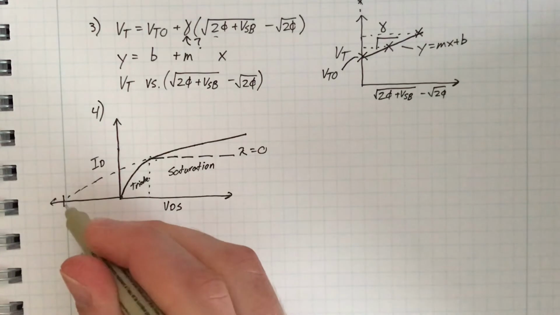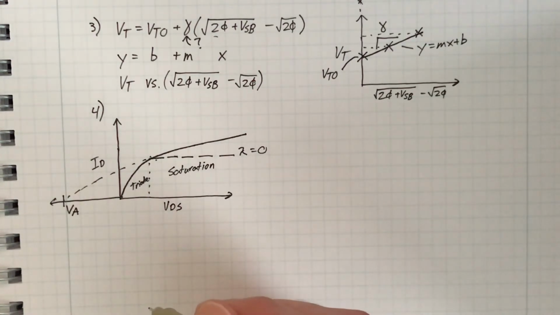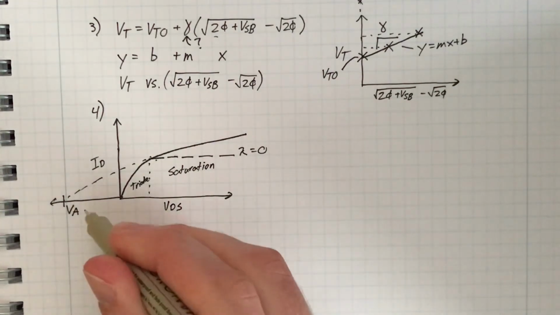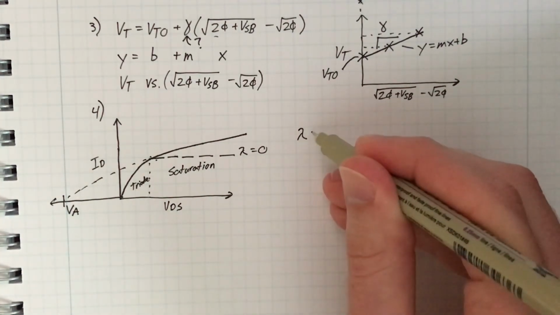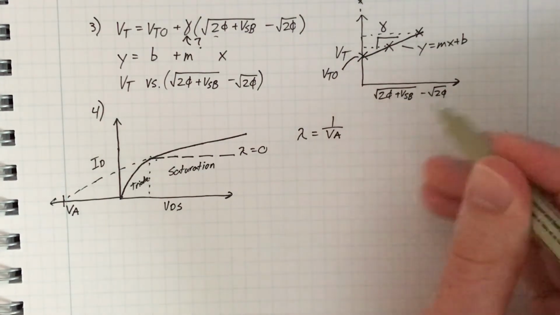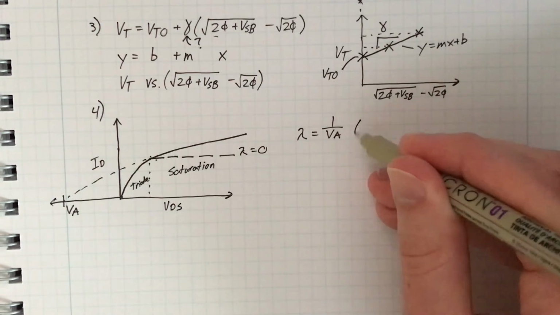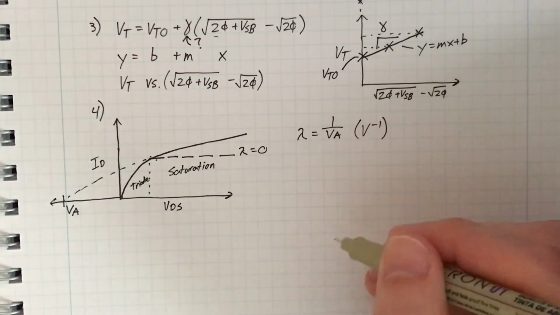This corresponds to a voltage called VA, and lambda is expressed as 1 over VA. So it has units of volts minus 1, because it's 1 over a voltage.